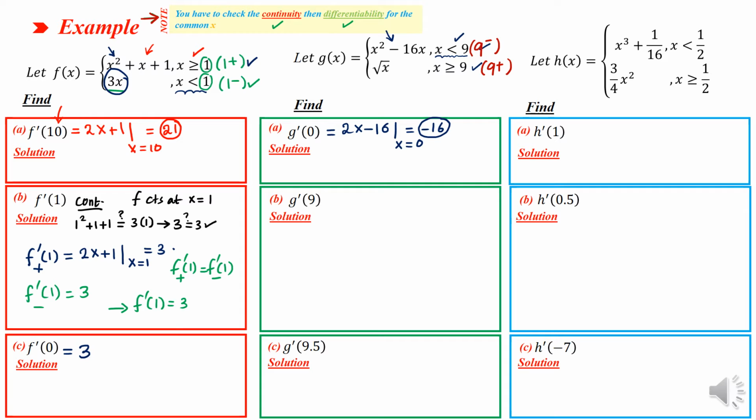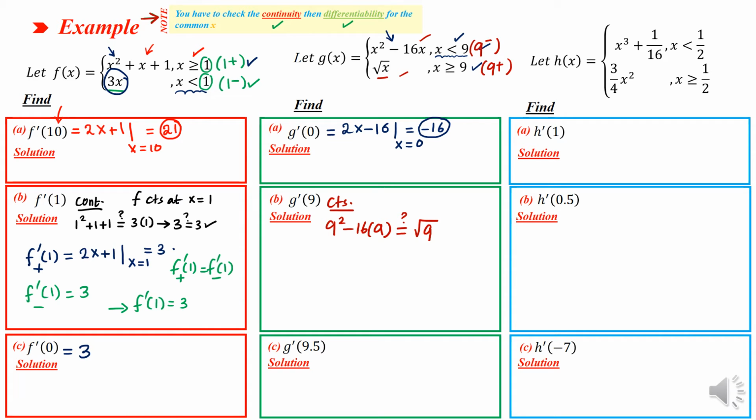So g of x, what about continuity? You have to plug in 9 in both rules you have in this function. So 9 squared minus 16 times 9, you have to check if it's equal to square root of 9.